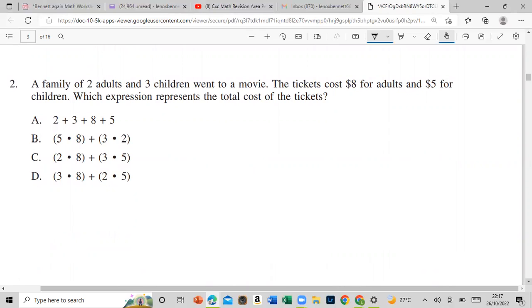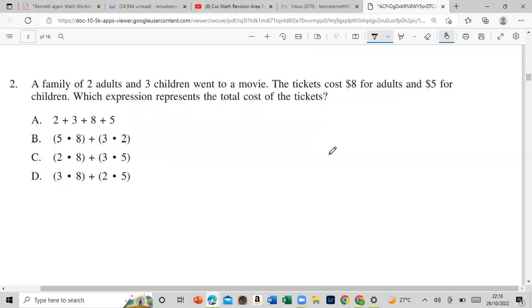Alright, so let's look at number 2. It says a family of 2 adults and 3 children went to a movie. The ticket costs $8 for adults and $5 for children. Which expression represents the total cost of tickets? Alright, so let us put things in perspective.